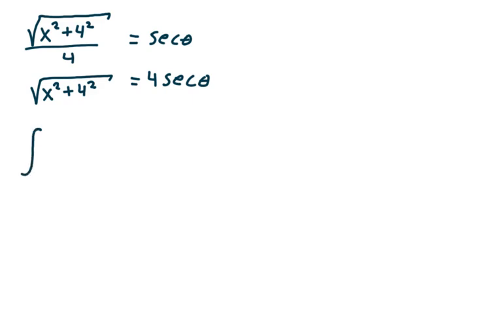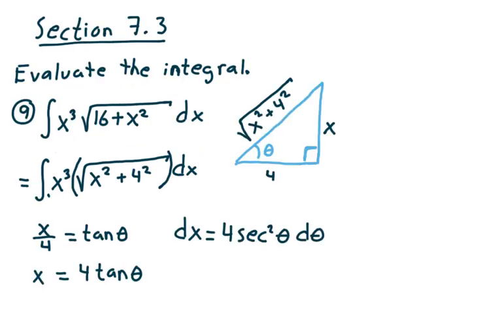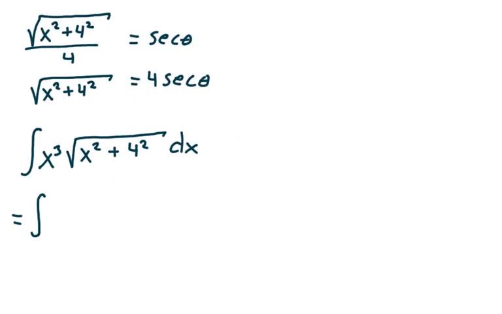Now let's come back to this. We have the integral of x cubed times the square root of x squared plus 4 squared dx. Now remember, x is 4 tangent theta, so I'm going to take 4 tangent theta and cube it.